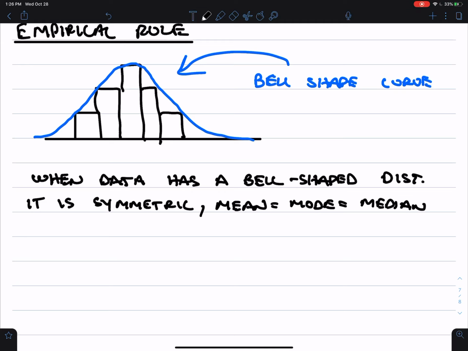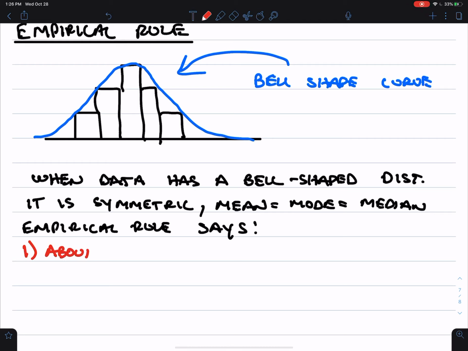Also, the empirical rule says, number one, about 68% of data fall within x bar plus or minus s.